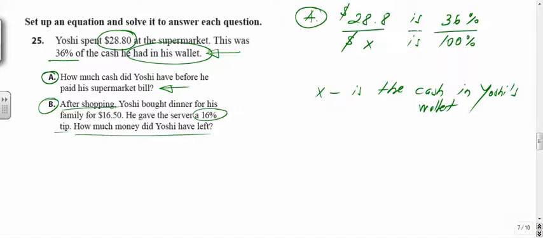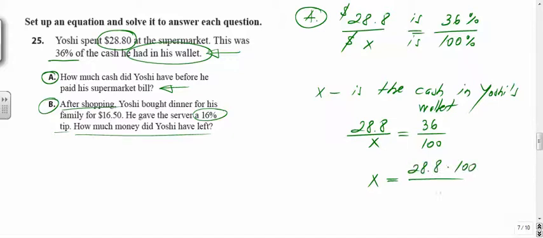And now you have a proportion here. Okay, your proportion is that 28.8 over X is 36 over 100. And that's your equation if you want to write it in a simpler way, right? X will be 28.8 times 100 divided by 36.